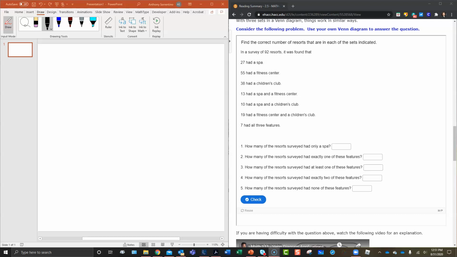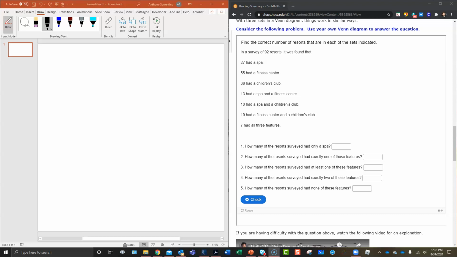One of the biggest issues is that more than likely, for the group that has all three features, you're not adjusting the 13, 10, and 19 to include those seven, because they do include those seven. And the 27, 15, and 38 also include the 13, 10, and 19 that are below it.